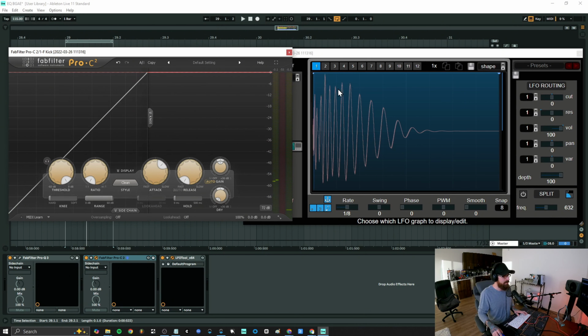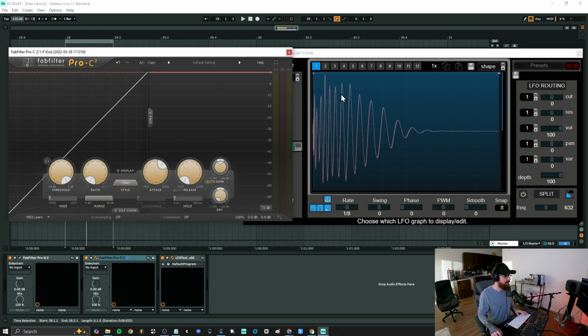And the transient, or the initial spike of the kick drum, which is mimicking the beater on the kick drum, is quite a bit lower than the actual sub of the bass. Well, what we can do is we can reshape the dynamics of this kick drum by using a compressor. So let's reshape this kick drum using compression.